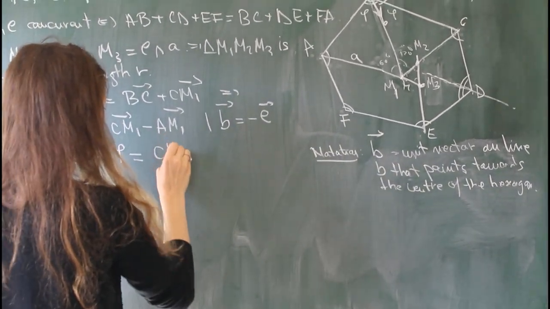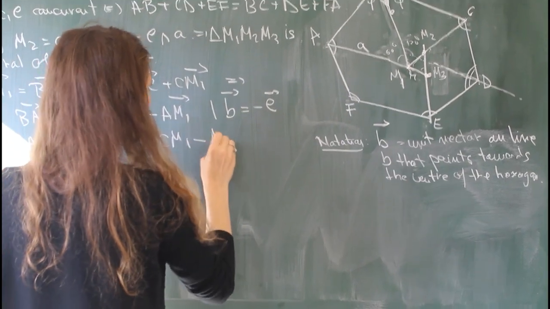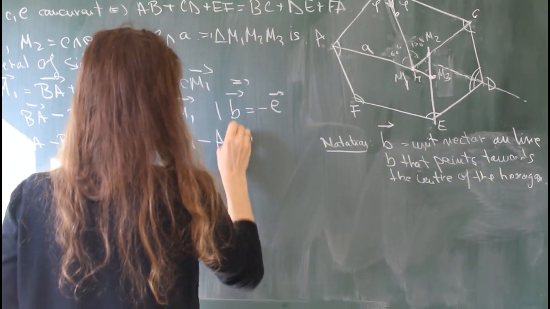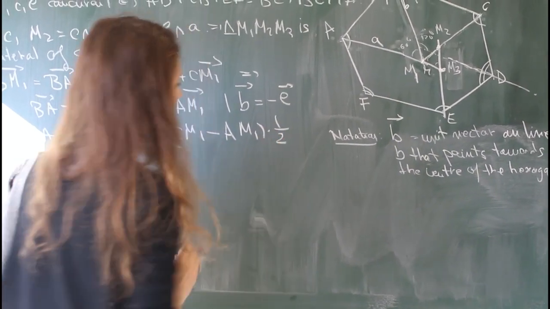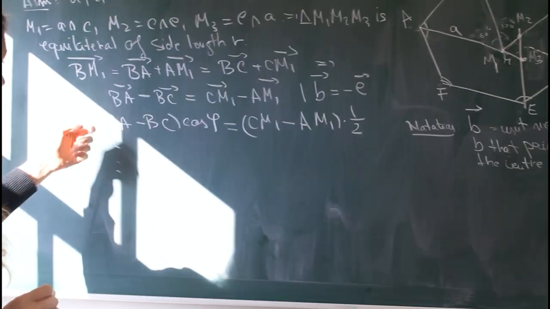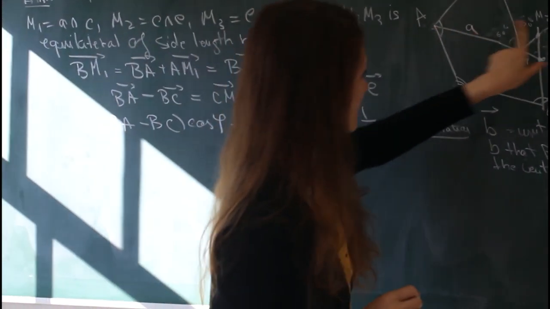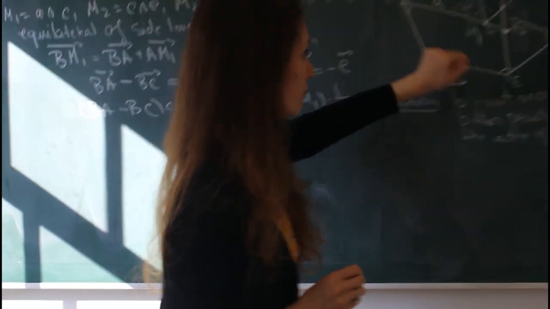So it is CM1 minus AM1 times half. Great, so we obtain this expression by analyzing these two bisectors.